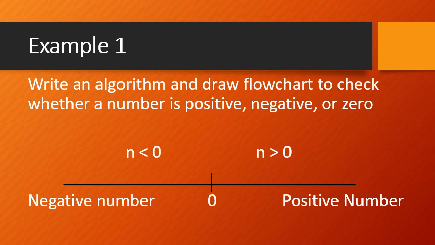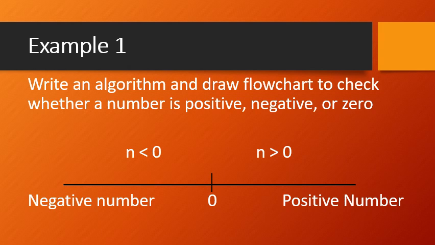That 0 is neither positive nor negative, or we may sometimes consider it positive or negative, which doesn't have a sign associated with it, right? So in this particular problem we need to check for two conditions.